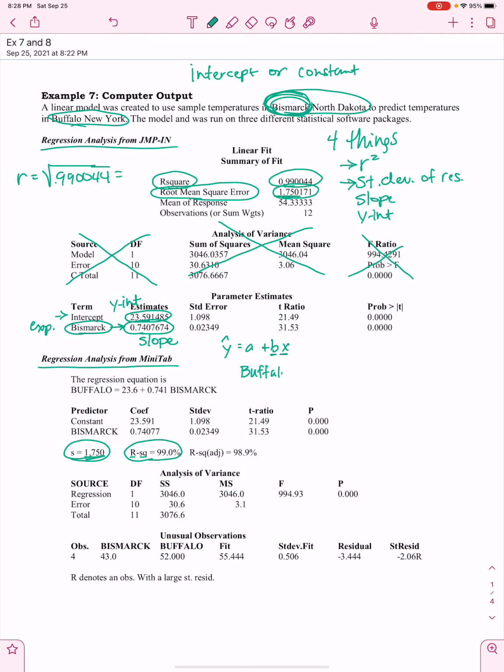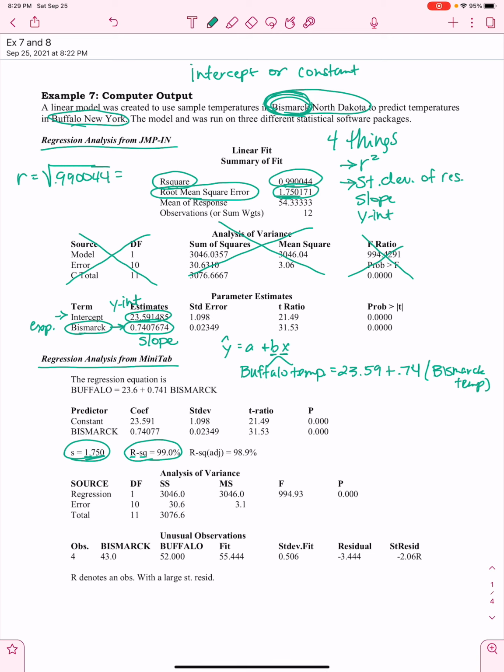So you can do this, Buffalo temperature predicted, and then you can write your equation. And by the way, if the slope is negative, it will put a negative out in front of it, just FYI. And then your Bismarck temperatures.